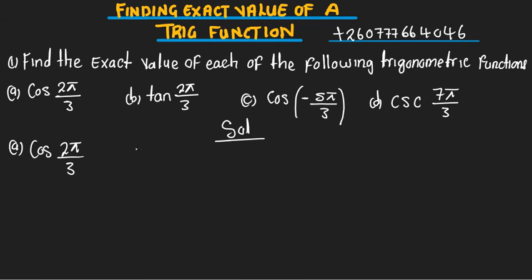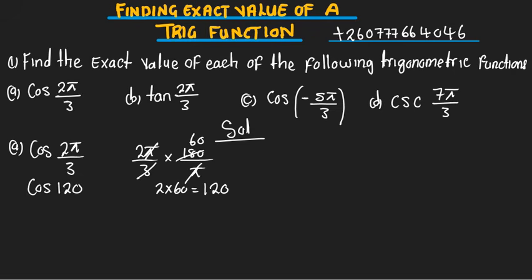To convert 2 pi over 3 into degrees, you multiply by 180 over pi. The pi's cancel. 3 into 180 is 60. Then we multiply 2 by 60, which gives us 120. Now you have 120 degrees, so this is the same as cosine 120 degrees.